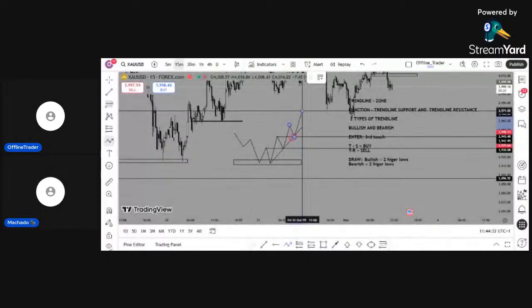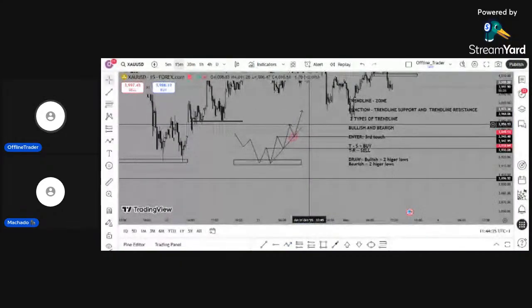So that's how you get your entry. The trend line intersecting with the support gave us another boost, that this support is very strong and we can rely on it, even though there's no guarantee in trading. But at least this trend line gave you the additional confluence and extra boost to take the trade with full confidence.